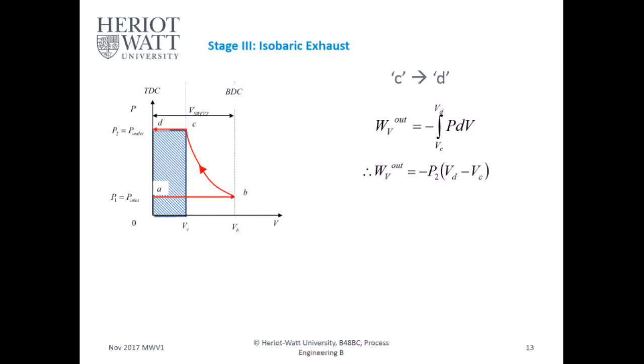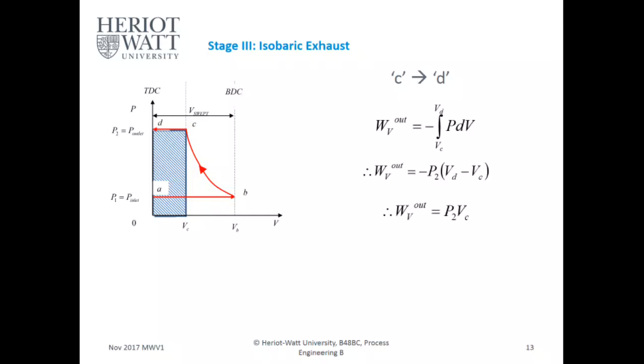Volume work out equals P2 times (VD minus VC), because your pressure is constant. Pressure changes from B to C because you're compressing, and pressure doesn't change from C to D because there's no pressure relief. It's exhaust, but it's not going into atmosphere. It's staying at that specific pressure. So if you want the gas at 3 bar, the exhaust is at 3 bar. Think of it as being in the pipe.